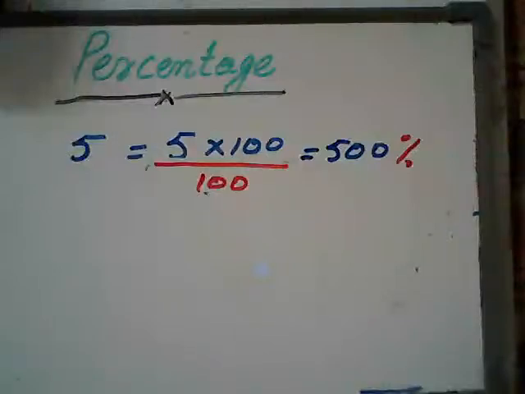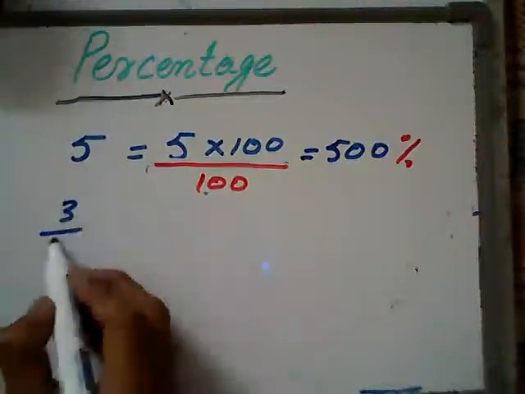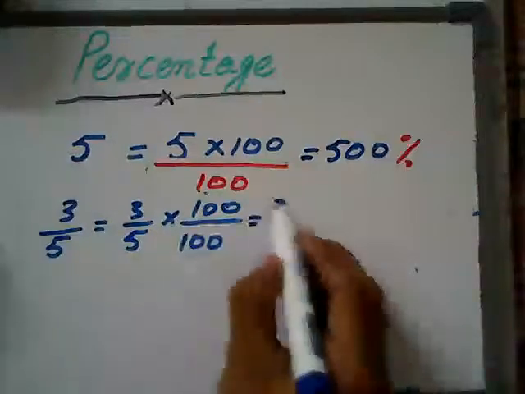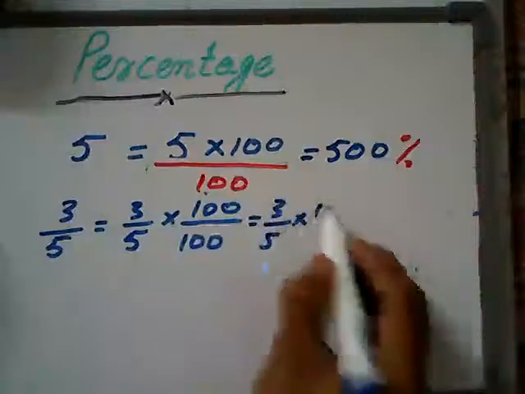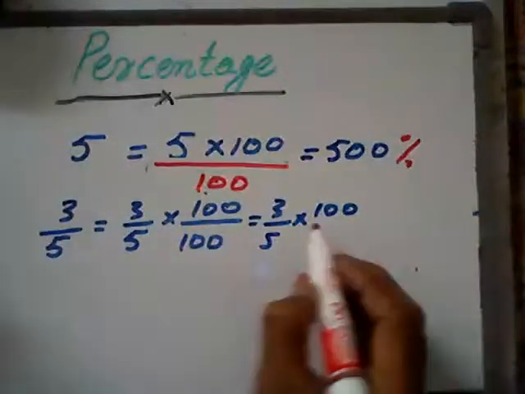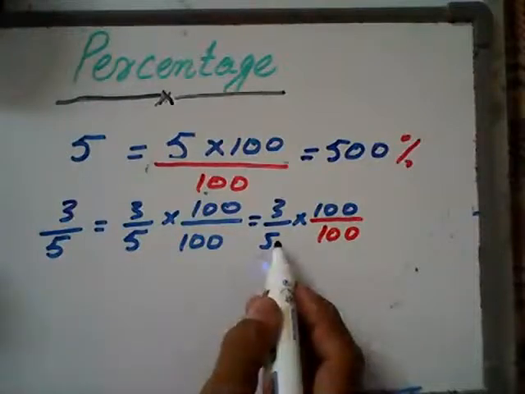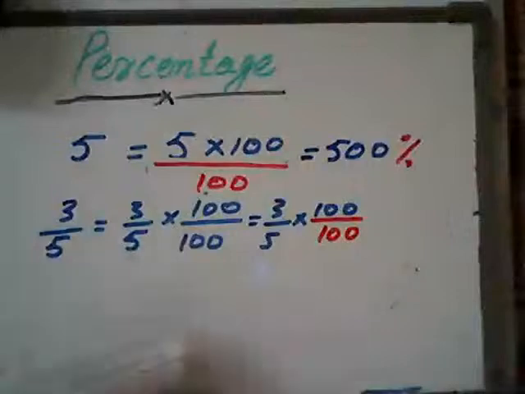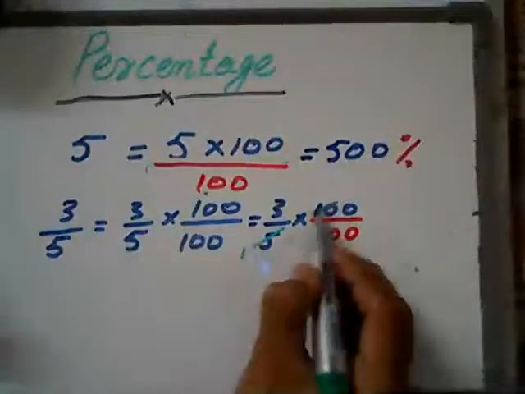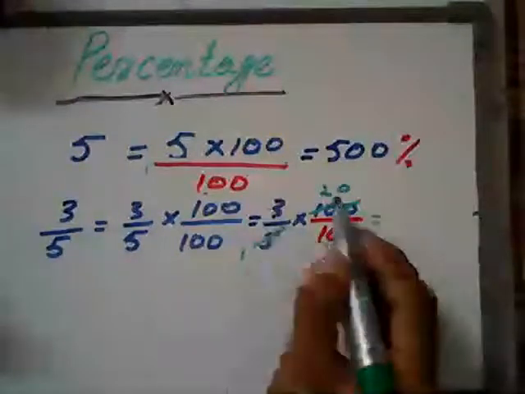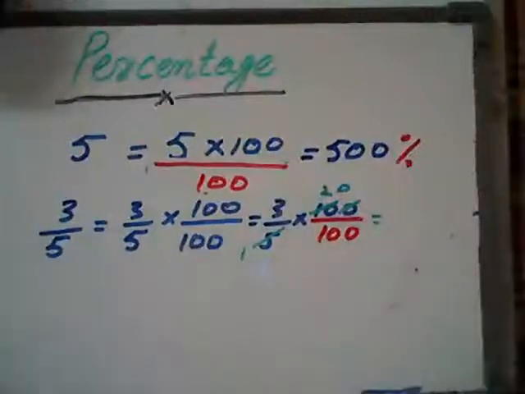Now similarly, if we have some number in fraction form, 3 upon 5, we multiply by 100 and put the percentage sign. We have just learned that divided by 100 is percent. Now we simplify: 5 ones are 5, 5 twos are 10, so 100 divided by 5 is 20, and 3 multiplied by 20 is 60.